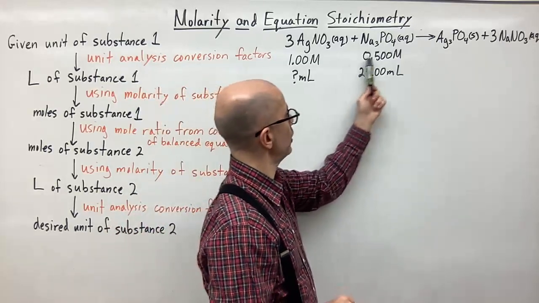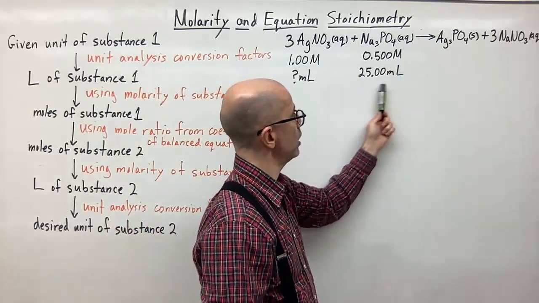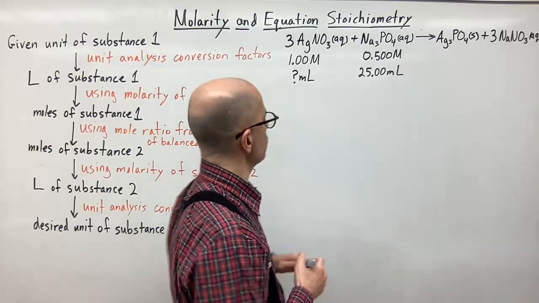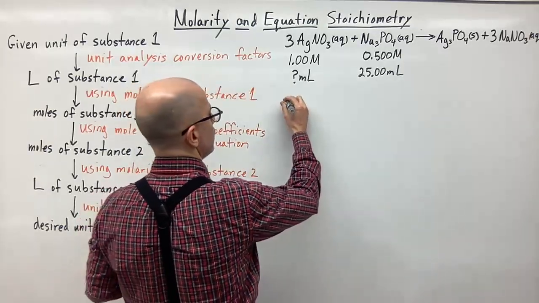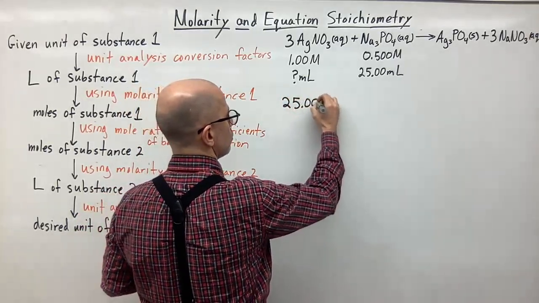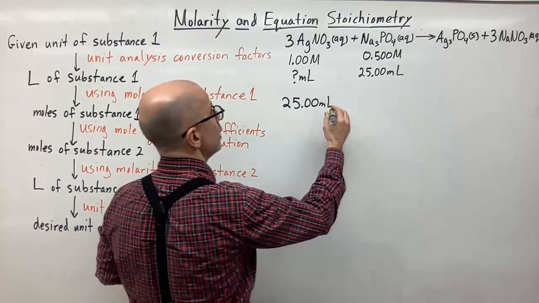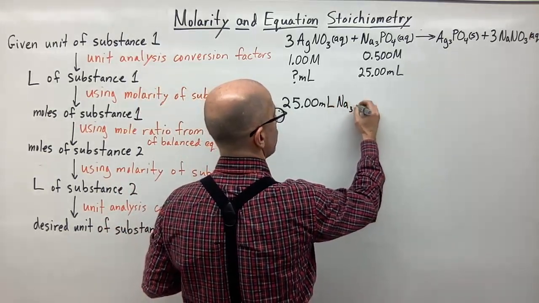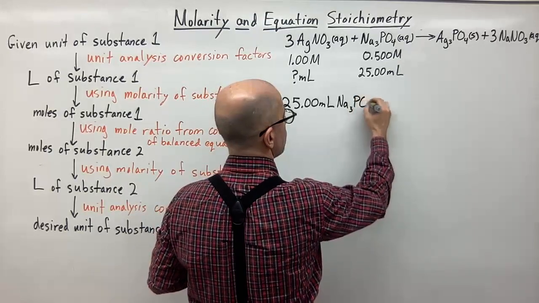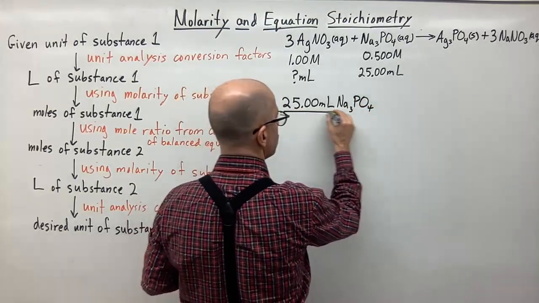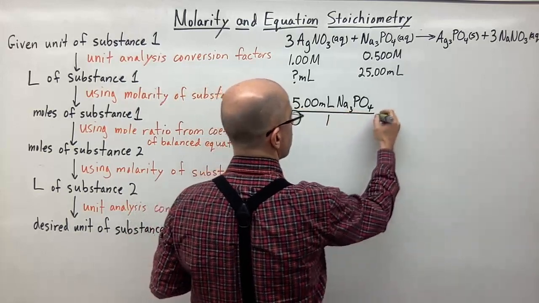Here they're giving us 25 milliliters of this solution, so that's what we're going to start with. We start with 25.00 milliliters of Na3PO4, and I'm going to put that over 1.